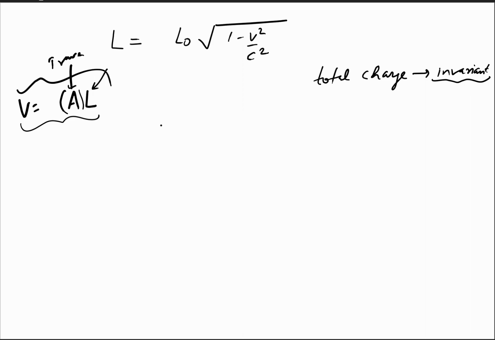That is, rho into A L should be equal to rho naught into A L naught. This is the rest frame and this is the moving frame.